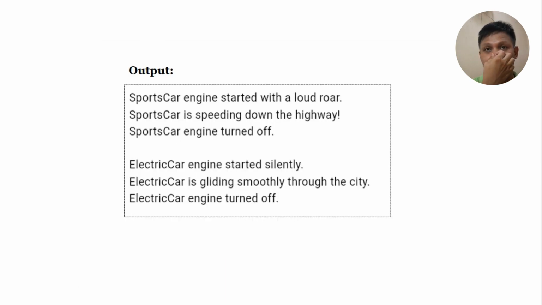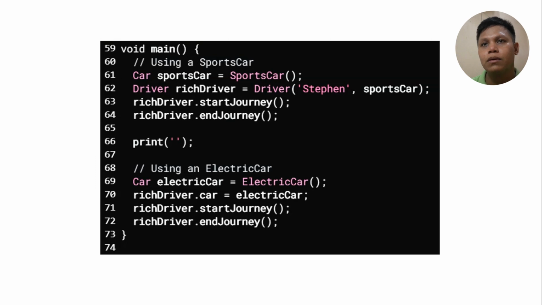And we don't have issues, because even though in the first part, the moment we call start journey, the driver and the car used were different, in lines 71 to 72, a different car was also used, the electric car.